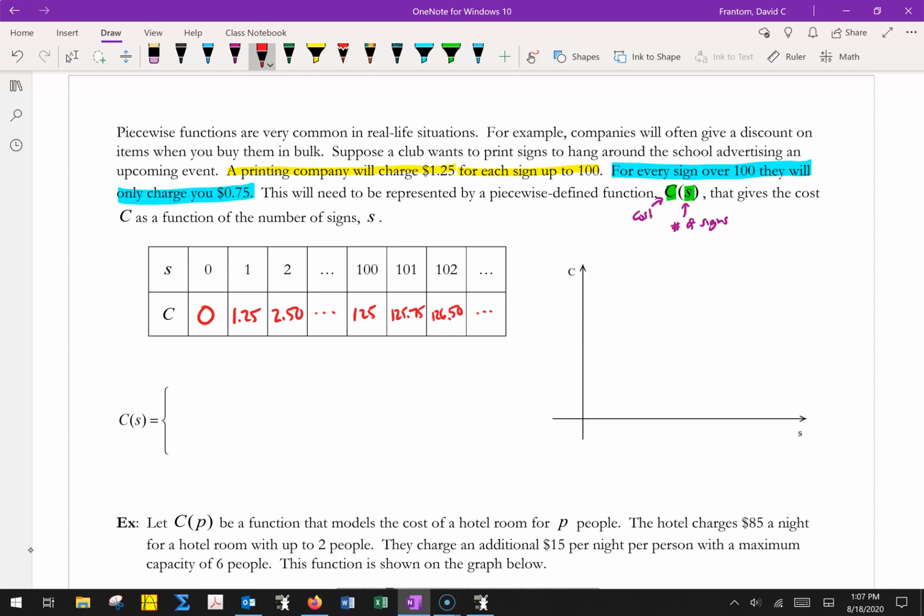So on a graph, let's think about what this is going to look like. So you have 0, 0. And then you're going to go up by $1.25 per sign until you get to 100.